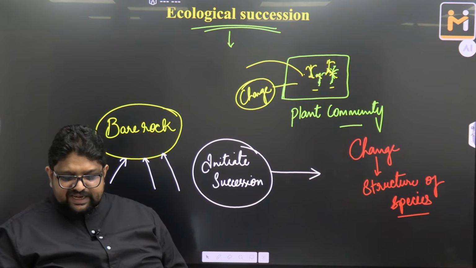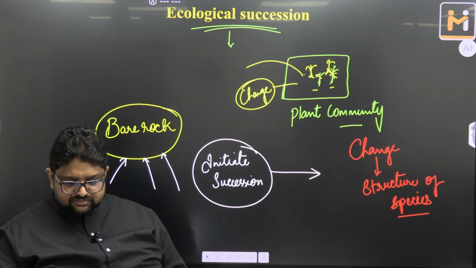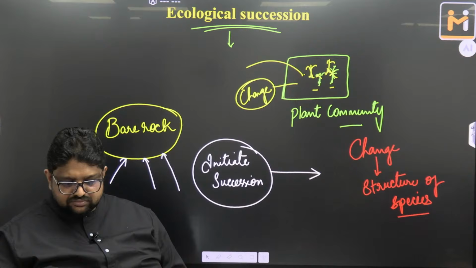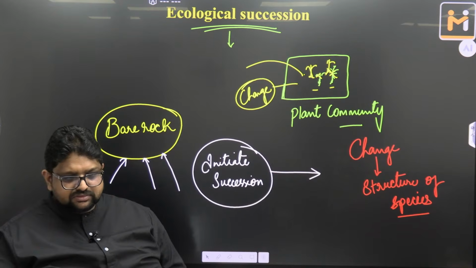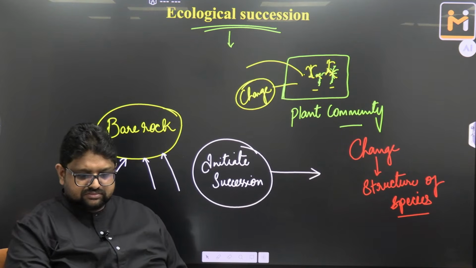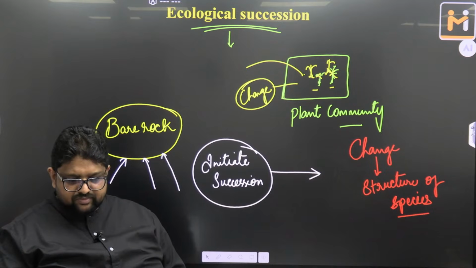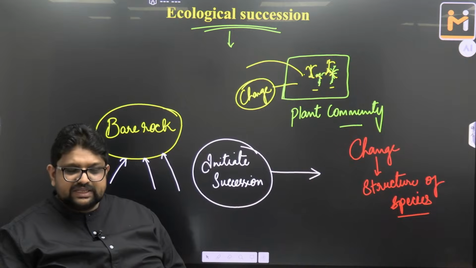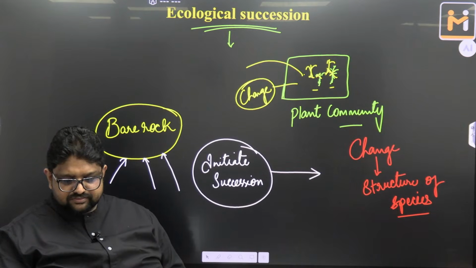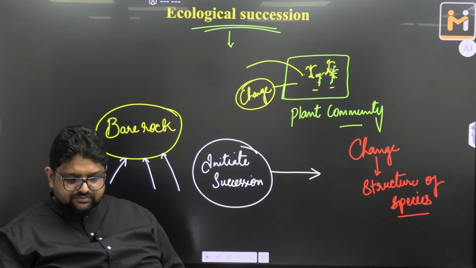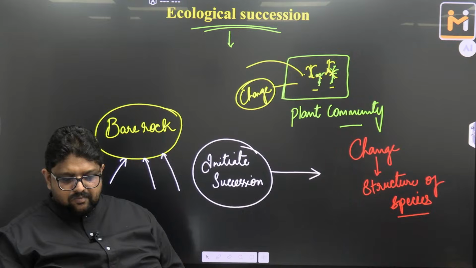Succession is a steady and gradual change in the species composition of a given area.